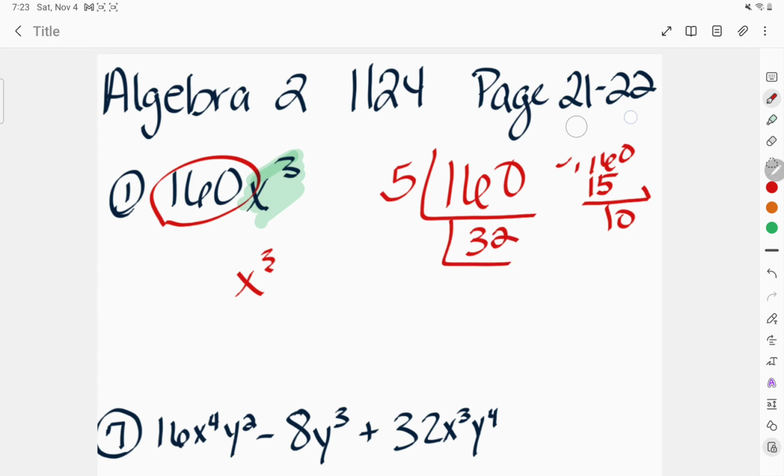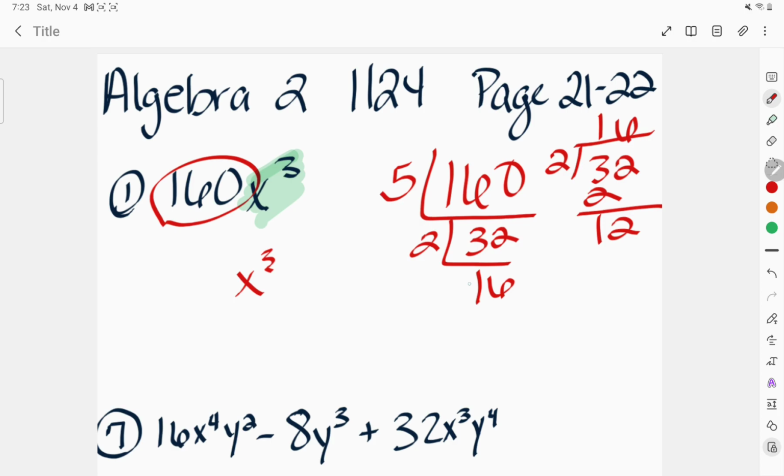So now what other prime number is going to go into 32? I know that 5 is not going to go into 32. 3 is not going to go into 32, but I know 2 will. The other prime numbers after that are 7, 11, 13. None of those will go into it, so I'm going to go with 2. So 2 goes into 32 how many times?